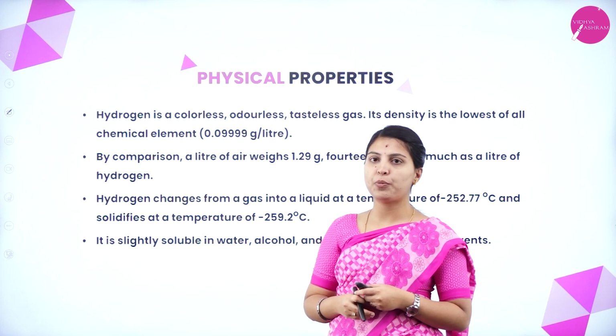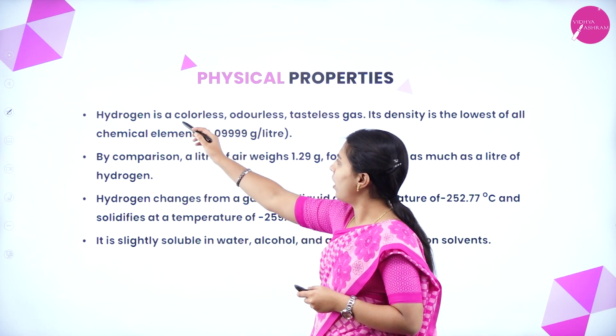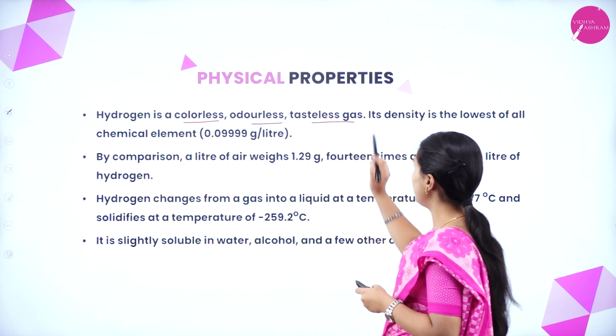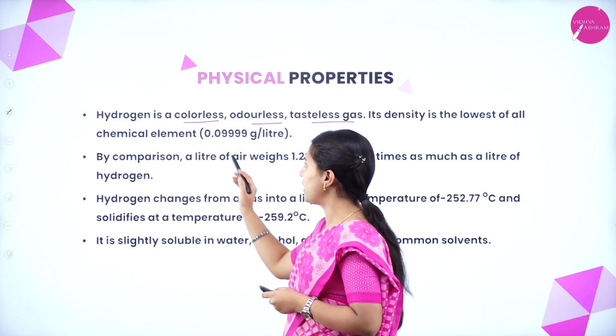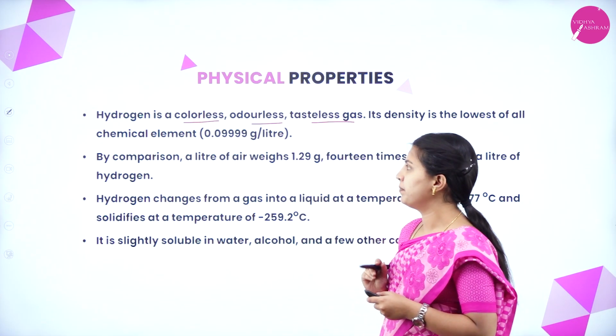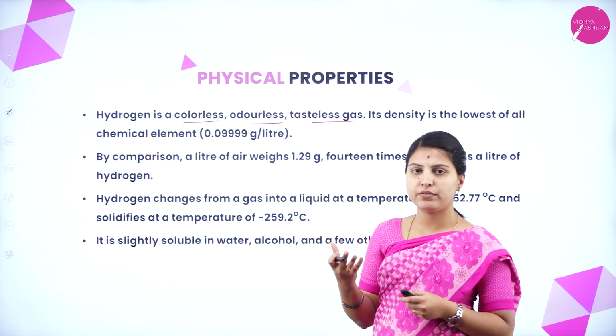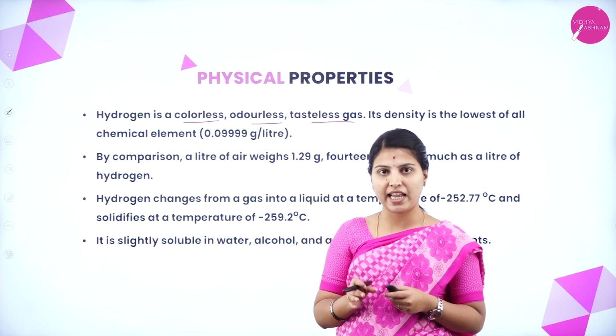First, the physical properties of dihydrogen. Hydrogen is a colorless, odorless, tasteless gas. Its density is the lowest of all chemical elements, that is 0.0999 gram per liter. Means it is odorless, smellless, tasteless, colorless, and it is a gas.